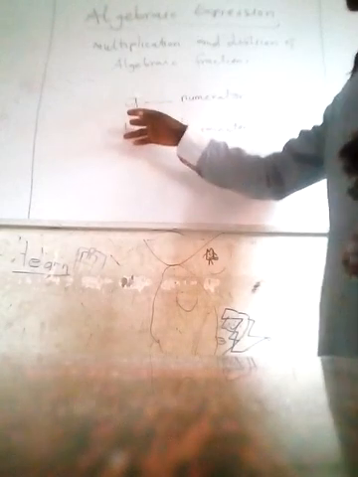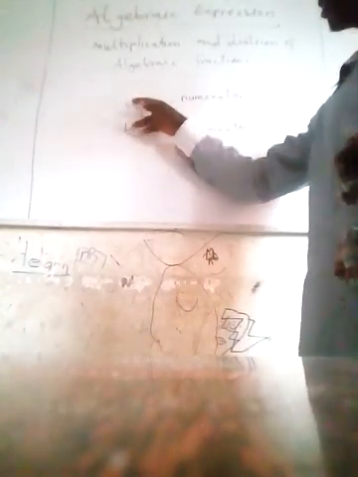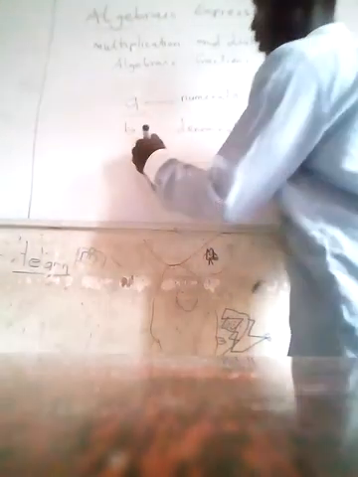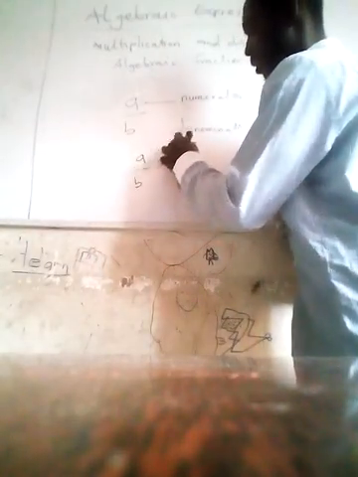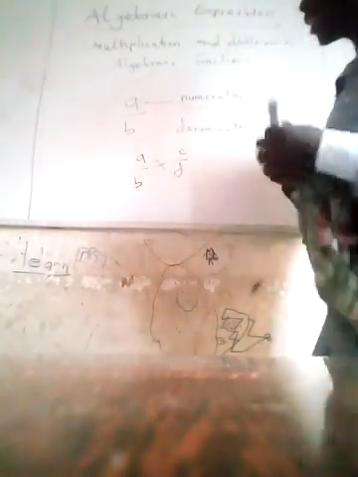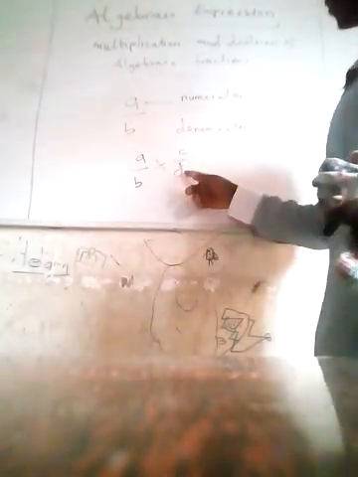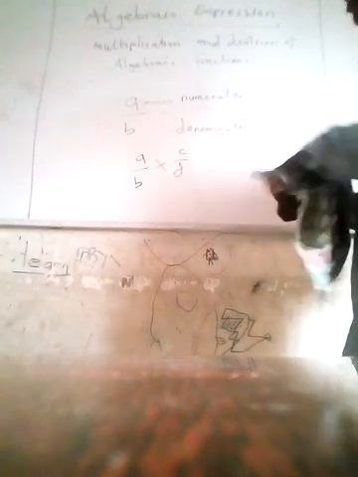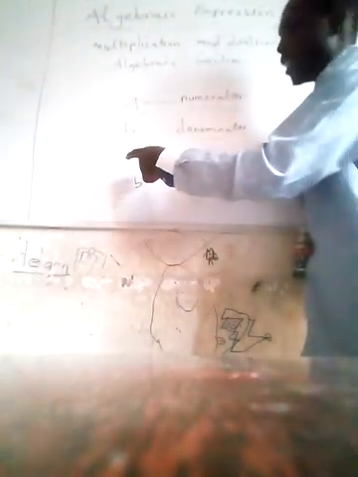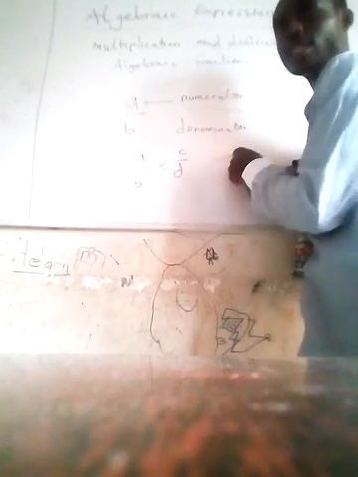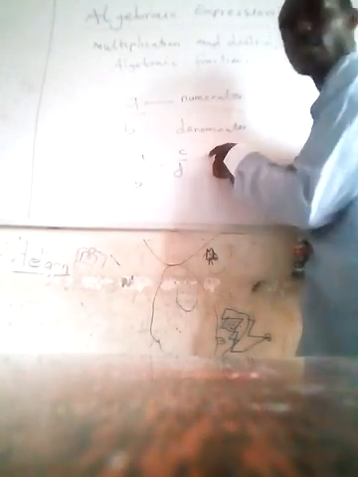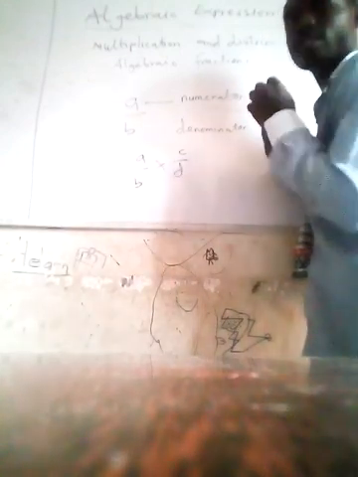I said if you have numbers to multiply and they are in fraction form, A over B, and C over D, this is a fraction. A over B is a fraction, and then C over D is a fraction. Now, algebraic expression, if you have this and that, you multiply the numerator separately and the denominator separately.